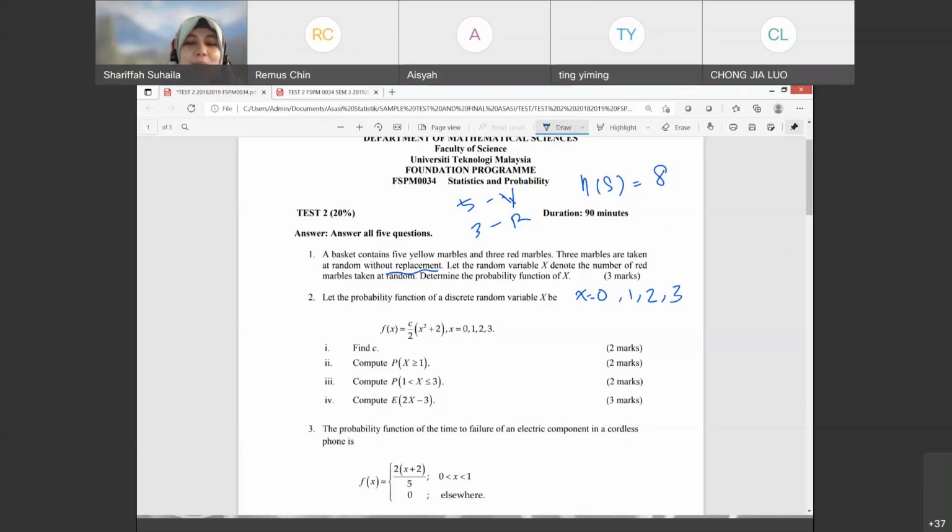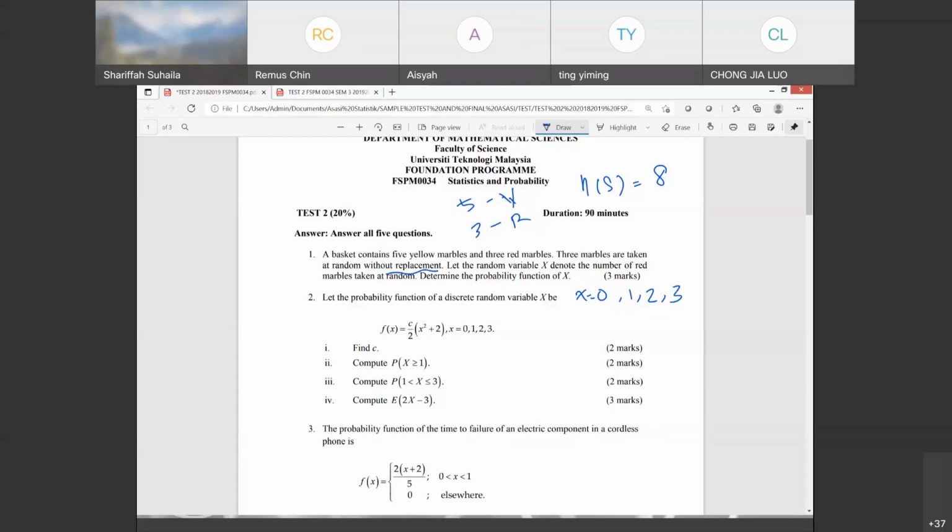But again, you need to show the procedure of how you get the probability, not simply write the final answer of probability x equals 0. Let's say you want to use a tree diagram.